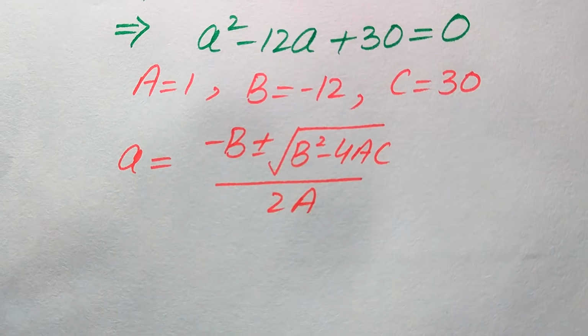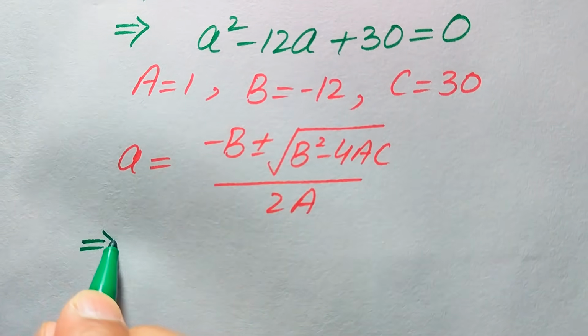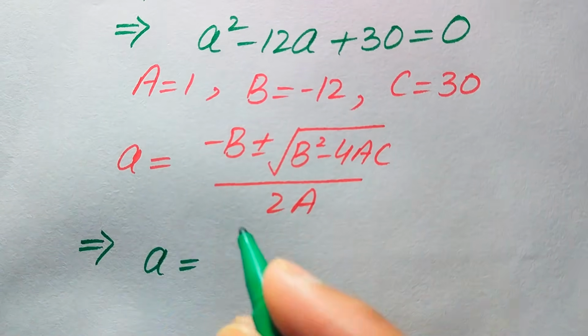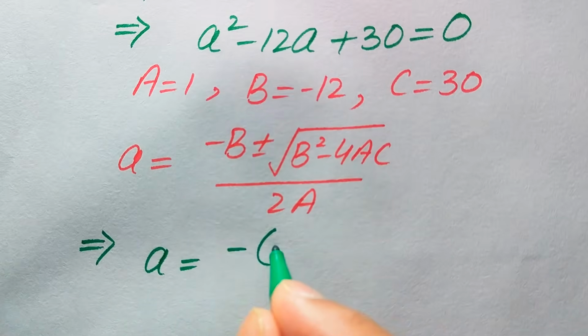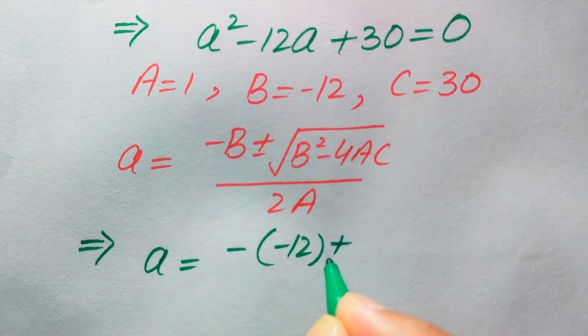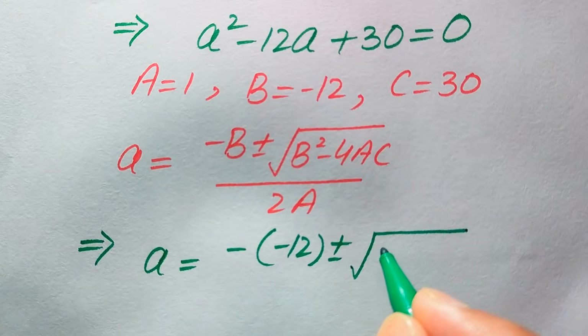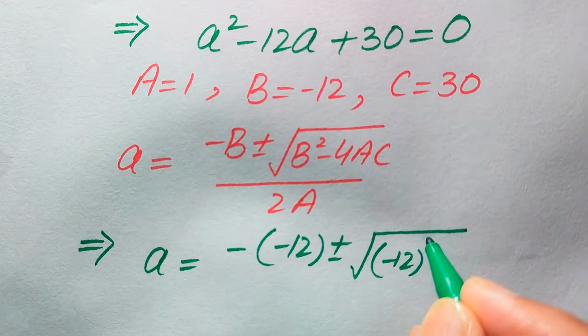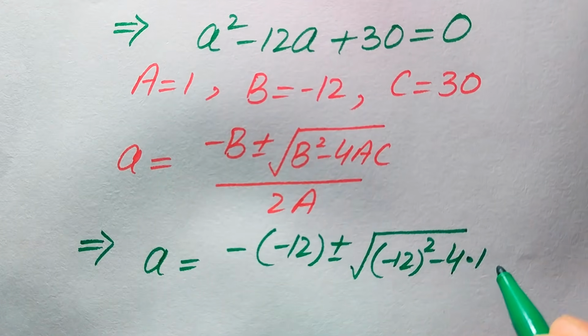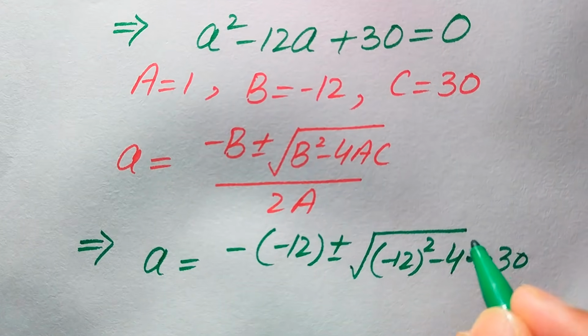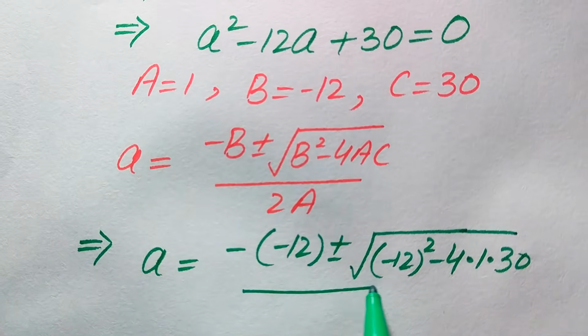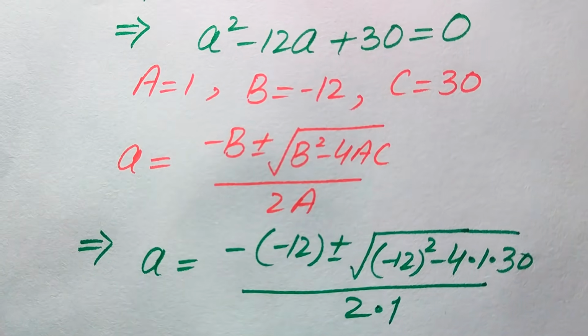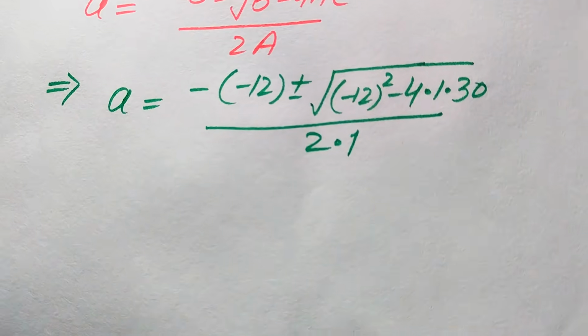And after substituting these values, it will be written as a is equal to minus b. The value of b is minus 12, plus minus square root of b square, b is minus 12 square, minus 4 times a is 1, and c is 30, and it is divided by 2 times a, and here our a is equal to 1.